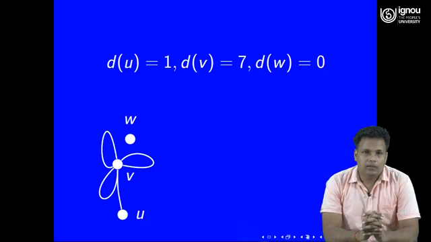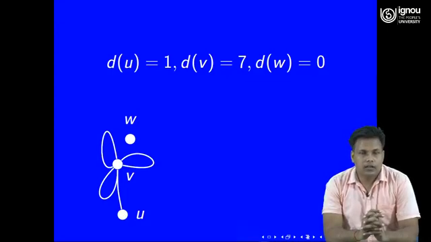For example, in the graph shown here, you can see that the degree of vertex U is 1, because there is exactly one edge incident on it. On the other hand, the degree of vertex V is 7, because there are 3 loops on it and there is one non-loop edge.